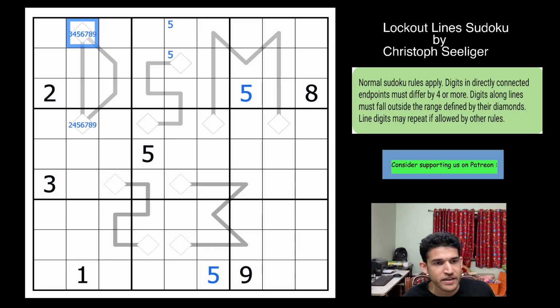So I don't think I can have 9 here, neither of these cells. Reason is because these 4 cells have to be outside the range of 9 and a digit which is at least a difference of 4 from 9.